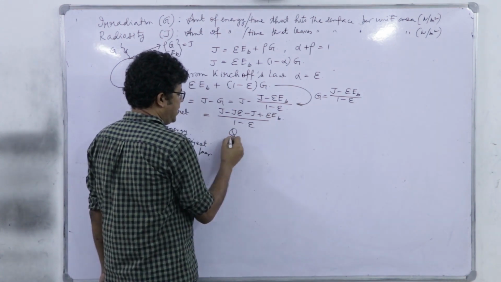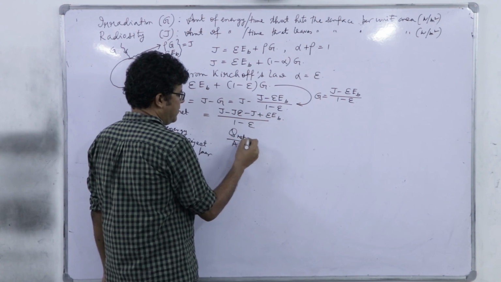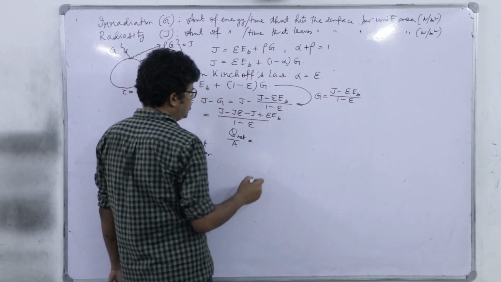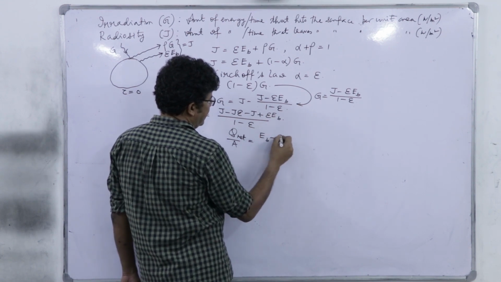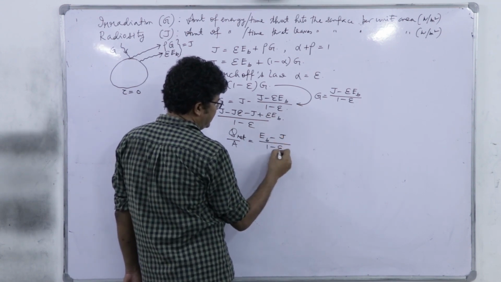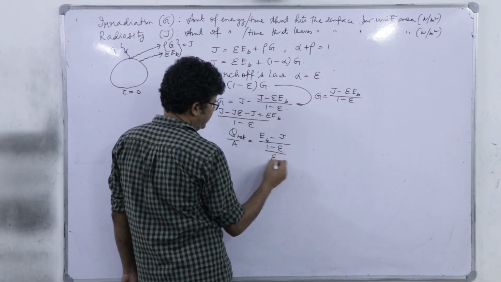So Q net by A is equal to EB minus J divided by 1 minus epsilon by epsilon.